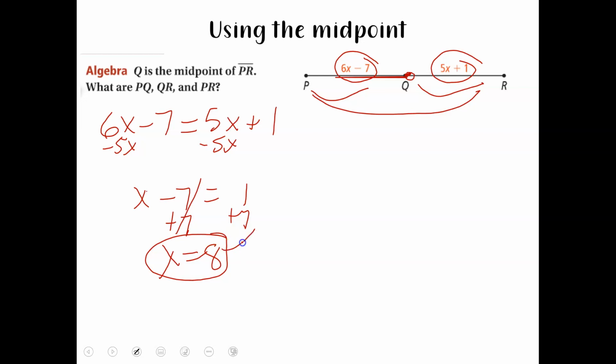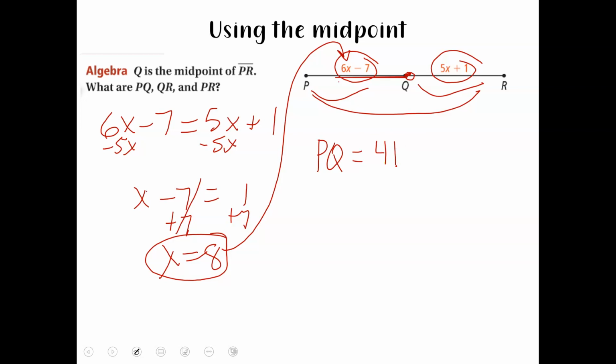So to do that, you take this value and put it in place of the x in the expression. So PQ is going to be equal to 6 times 8, which is 48, minus 7, which is 41.